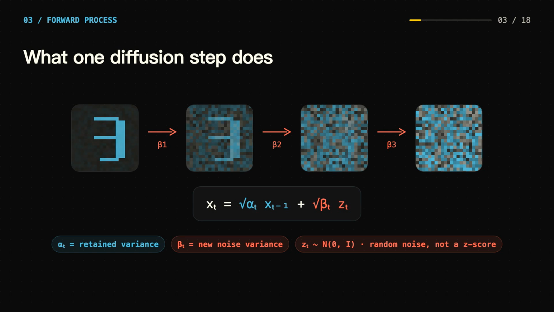One forward step is xt equals square root alpha t times xt minus 1, plus square root beta t times fresh Gaussian noise. If the image is standardized and the new noise is independent, the 2 variance contributions add to 1. This keeps the marginal variance controlled. It is a statistical statement, not exact conservation of pixel energy for every individual image.